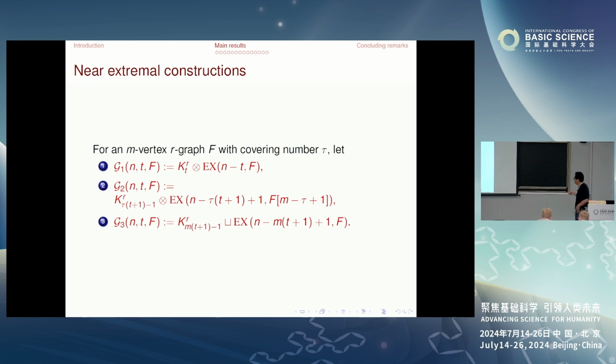So for cycles, this one is sparse. I mean that the extremal graph of F_3 is sparse. It's just only disjoint edges. Okay. The last graph is just the union of the complete graph and some extremal graph of F.